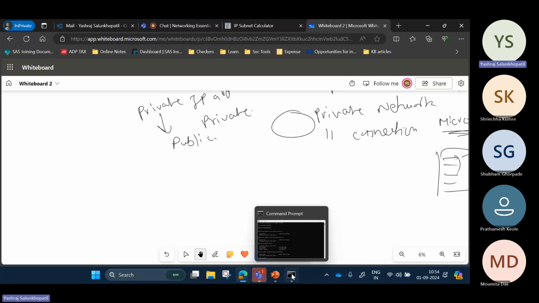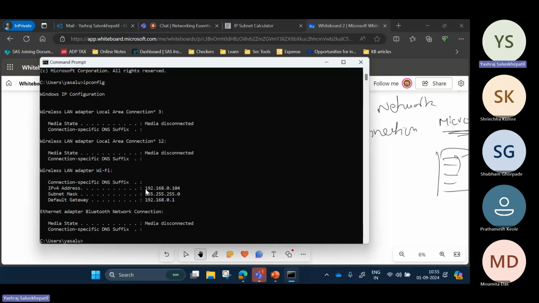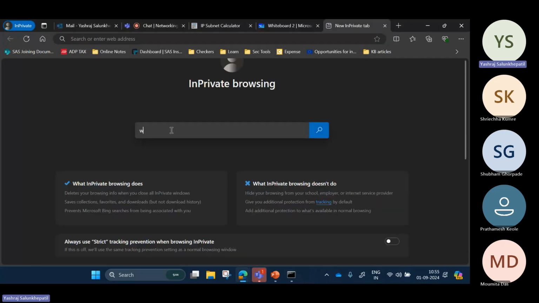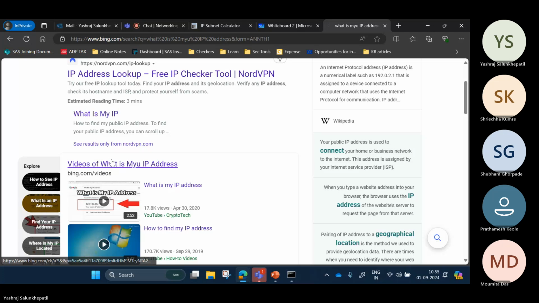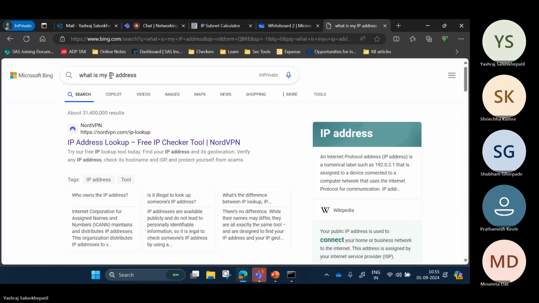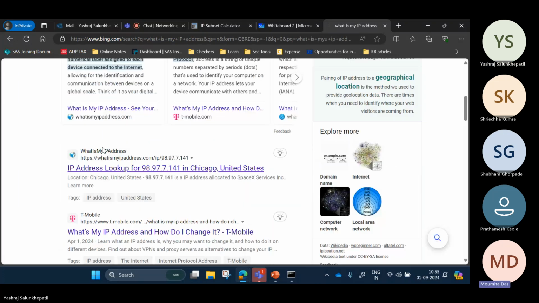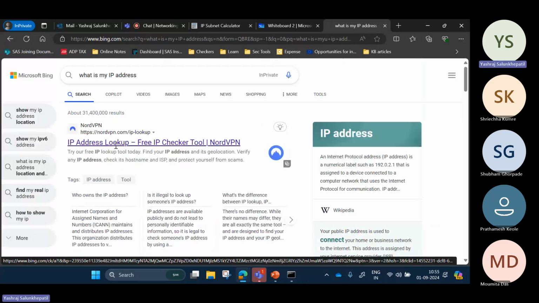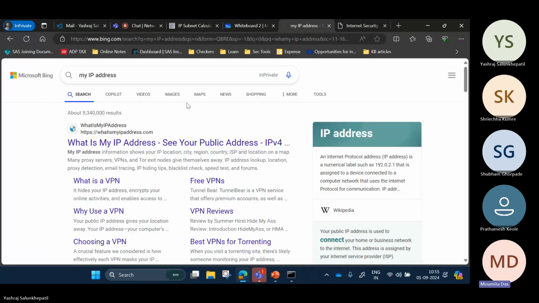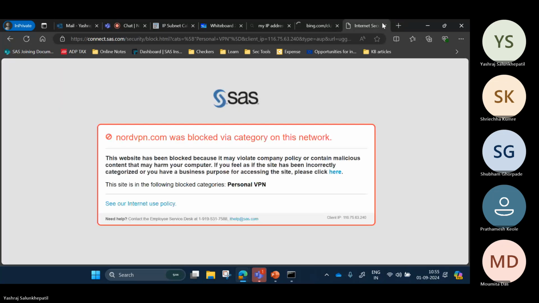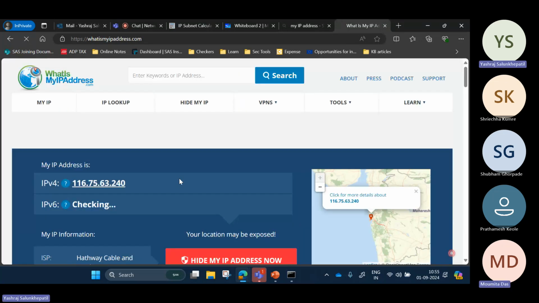The example I showed you, मेरा प्राइवेट आईपी क्या है, 192.168.0.104. मेरा पब्लिक आईपी क्या है, ठीक है.